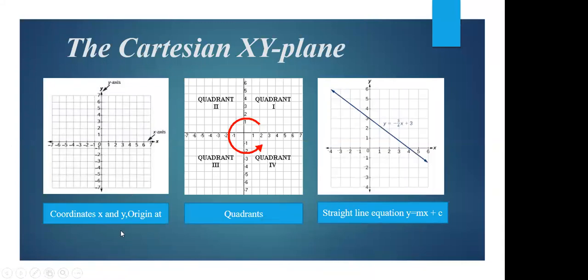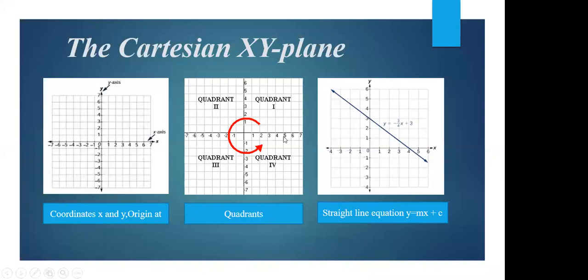See here, coordinates. This is the Cartesian XY plane. Here, this is the x-axis and this is the y-axis. In the second slide, you can understand the Cartesian XY plane contains 4 quadrants. This is the first quadrant, this is the second quadrant, this is the third quadrant, and this is the fourth quadrant.